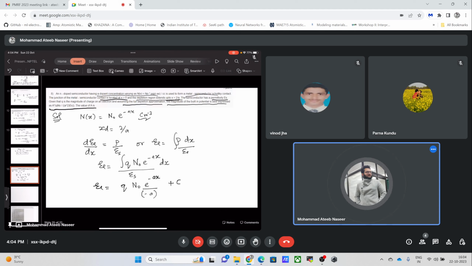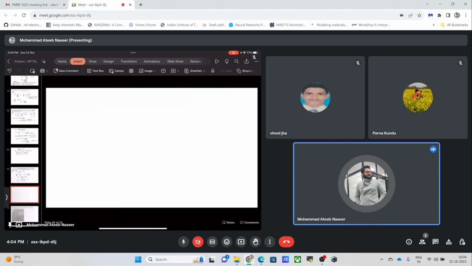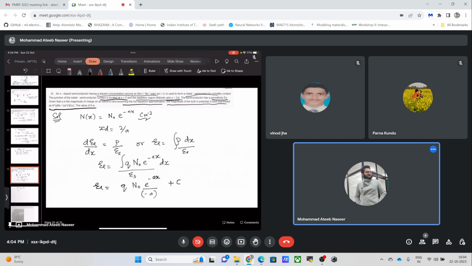So we would say we have used the full depletion approximation, and we would say clearly that at x equal to this 2 by a, the electric field has to be equal to 0. So it means that this electric field is equal to 0 at q times n naught by epsilon s a e to the power of minus 2.